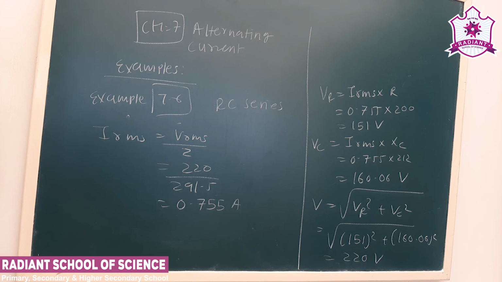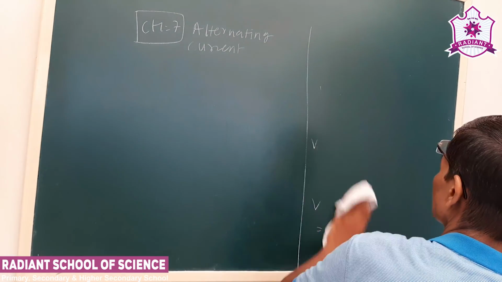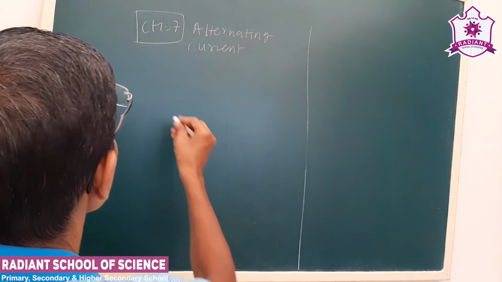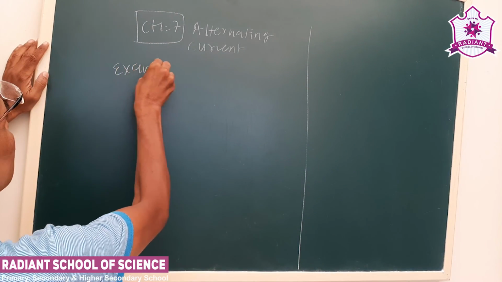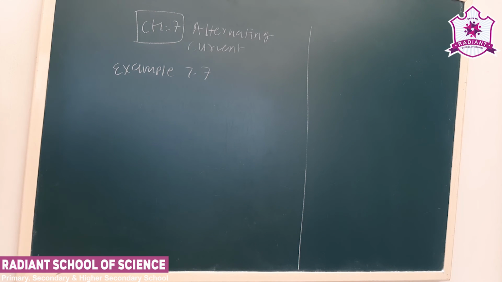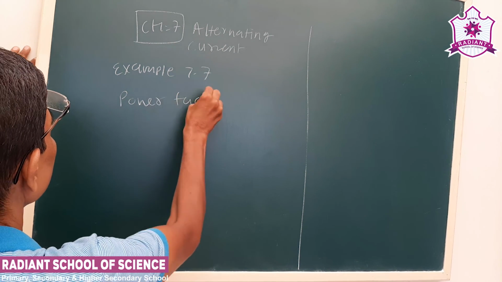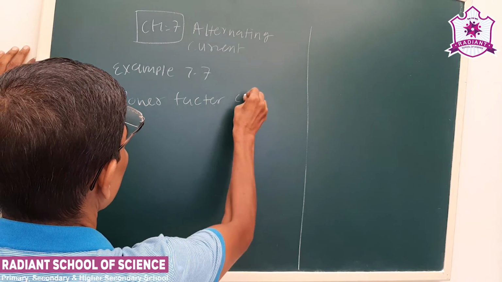Now see, next is example 7.7. Here we have to talk about power factor correction.